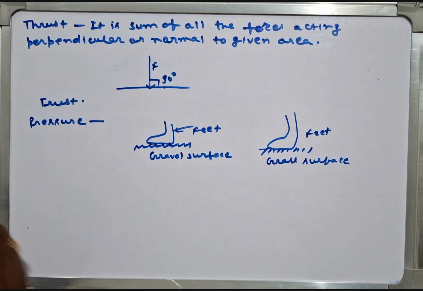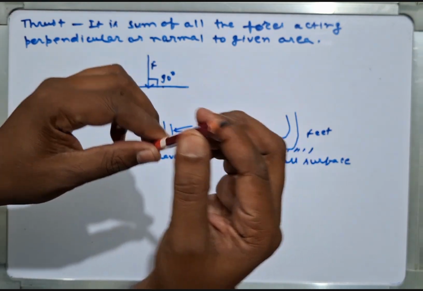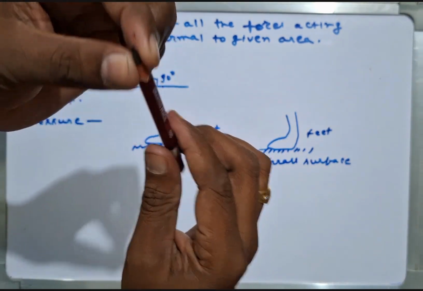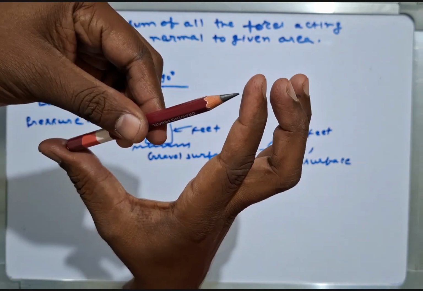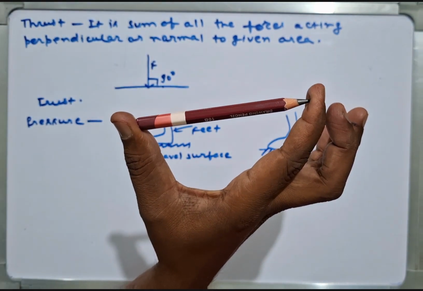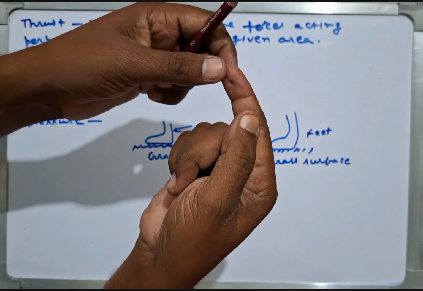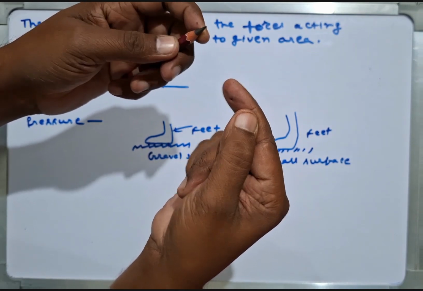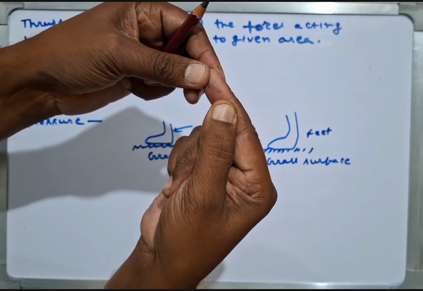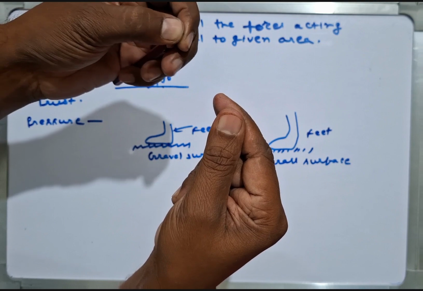Now you can see this by an example also. This one is a pencil, and see, its tip is sharp. When I press this pencil like this, you can see the effect: the pencil tries to pierce my finger, the edge which is sharp.